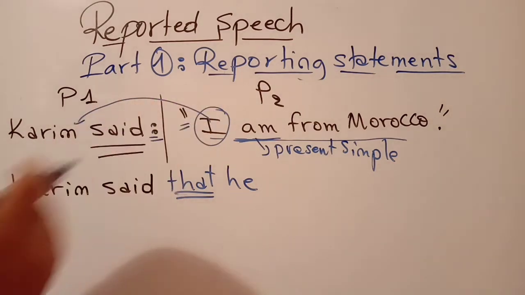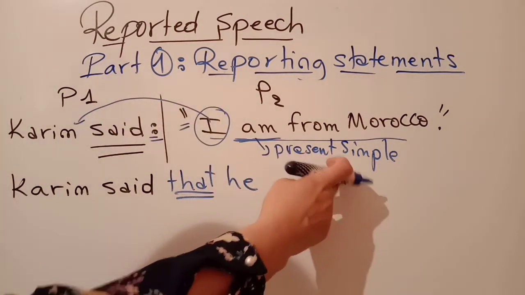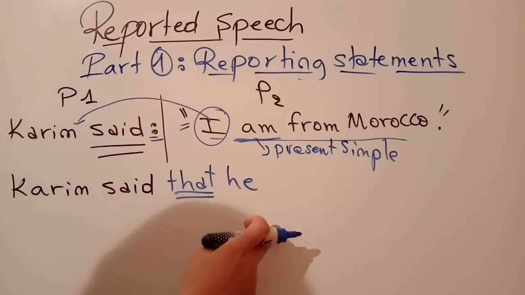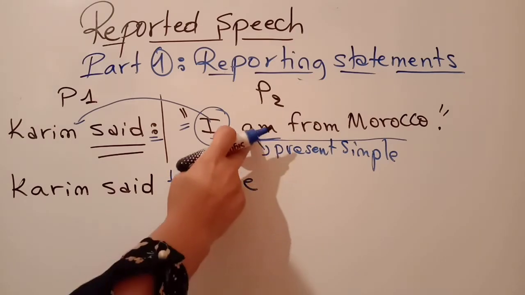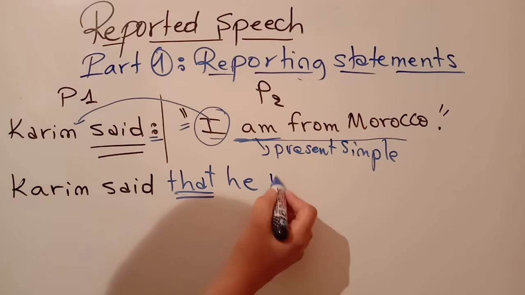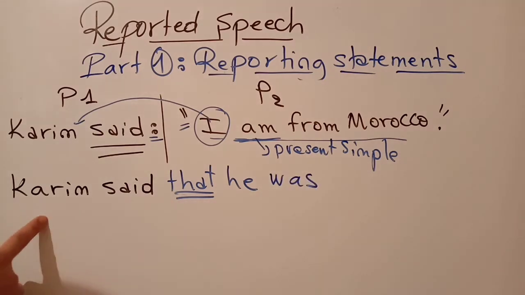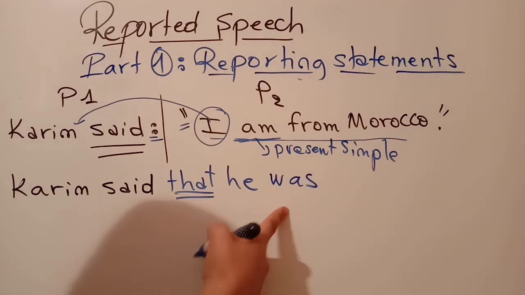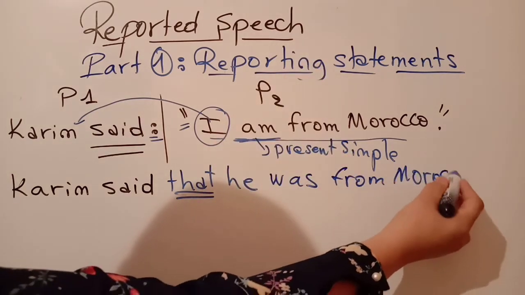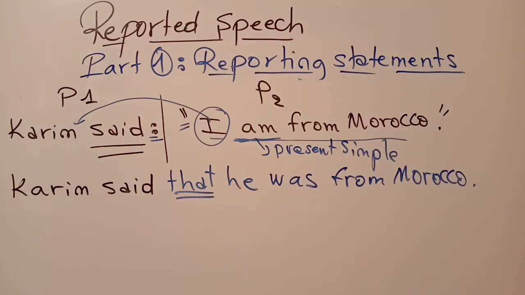Now, tense changes. Present simple, as you saw in the table, becomes past simple. That he, what is the past simple of to be? Is was or were. So here we have he, so we use was. Karim said that he was from Morocco. Easy, isn't it? Good.